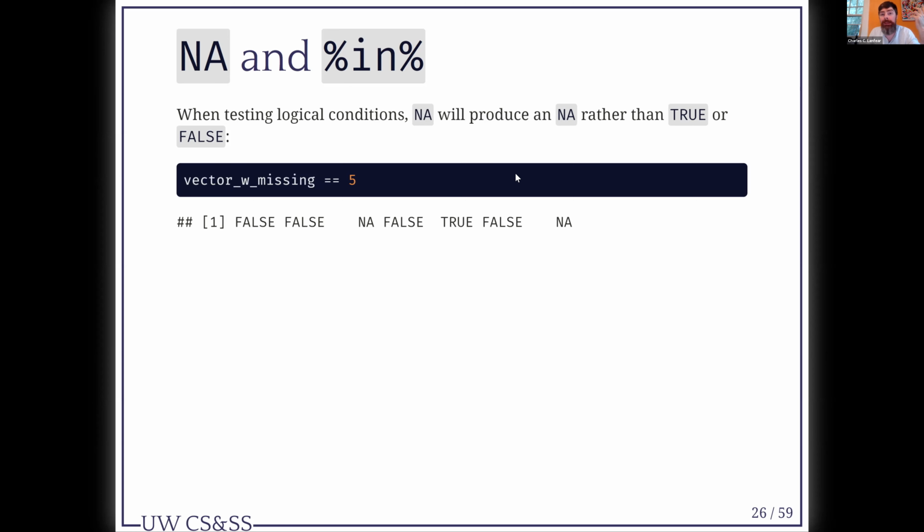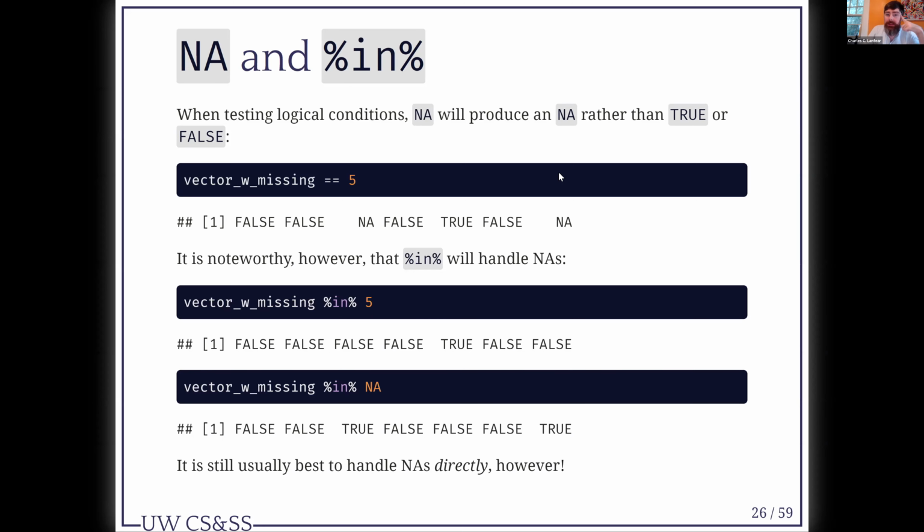NAs aren't there. A weird thing though is that if I use %in% instead of equals, it will still test against NAs. This is an oddity. If I say vector W missing %in% the number 5, you'll notice the NAs now produce a FALSE, and the 5 still produces a TRUE.